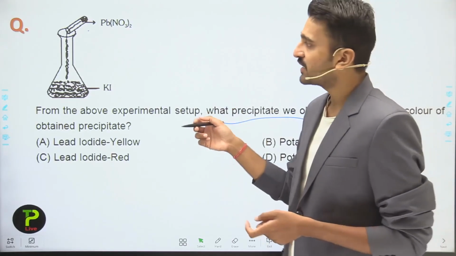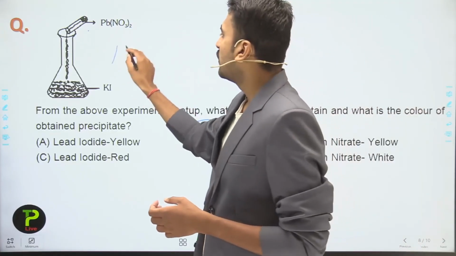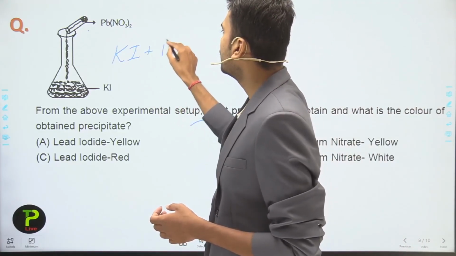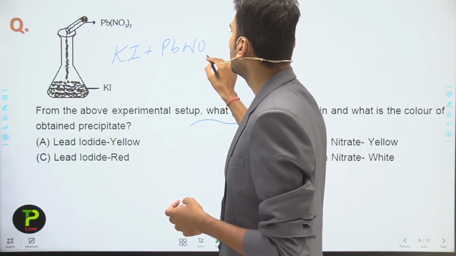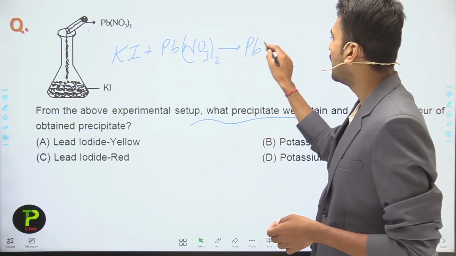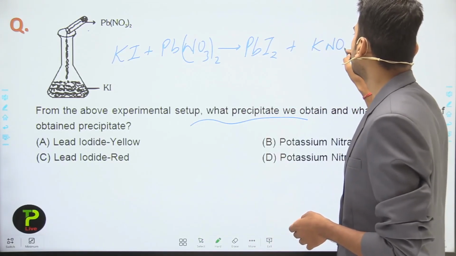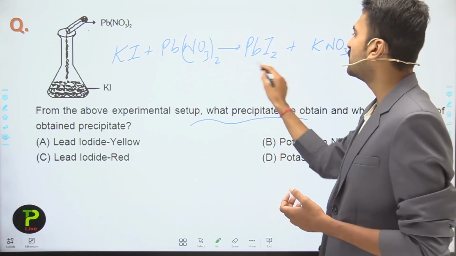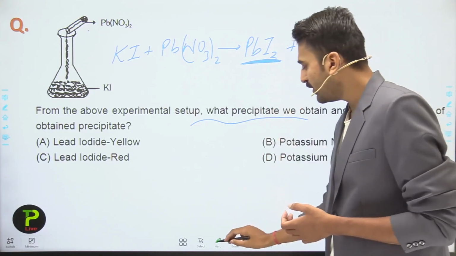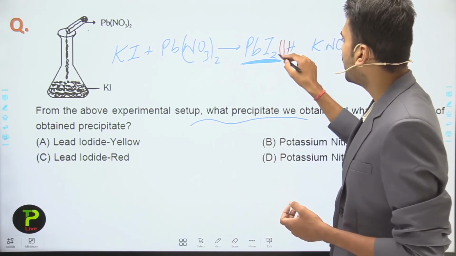On seeing the reaction, first of all we have to look at the particular reaction. KI on reacting with lead nitrate forms lead iodide and potassium nitrate solution. Here PbI2 is a precipitate, so for the precipitate I am writing a downward arrow.